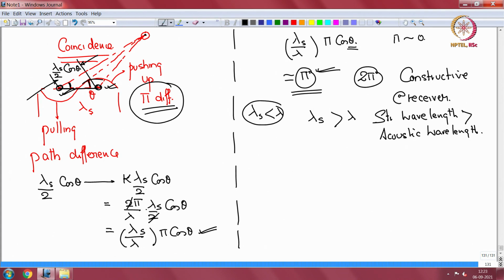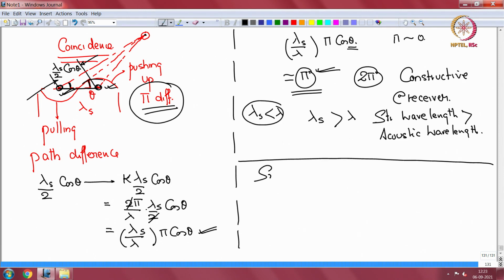Now we will look at this idea from a wave number or frequency domain point of view.